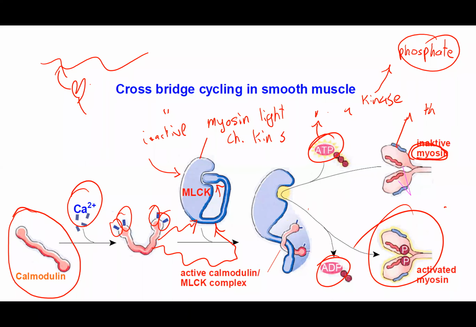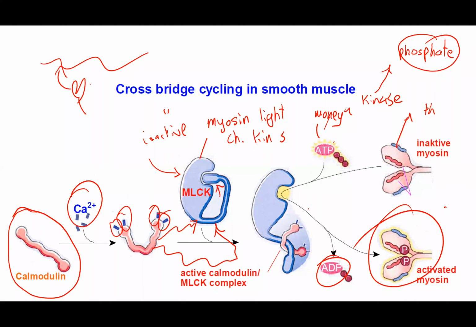It needs it to get this thing activated, but it doesn't produce ATP. ATP is already there, or already being produced. Yeah. Okay. But it needs ATP, so how does it phosphorylate it?